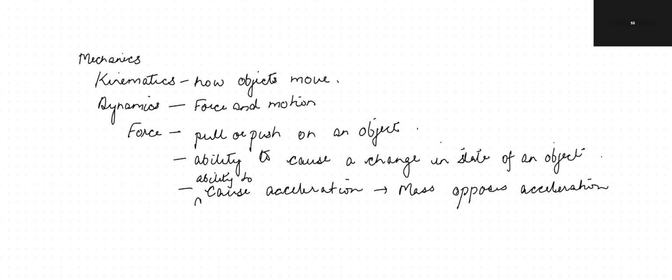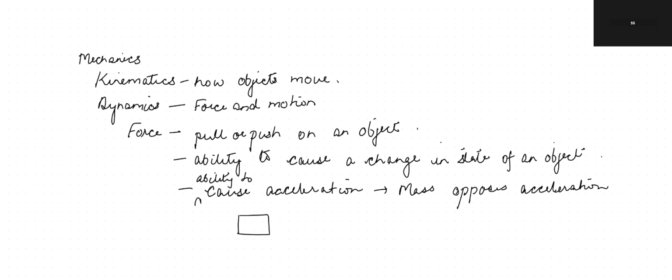So the force has the ability to cause the change in state of motion of an object, but it doesn't always cause the change. It doesn't cause acceleration when the net force acting on an object is zero, even if the individual forces are still there.